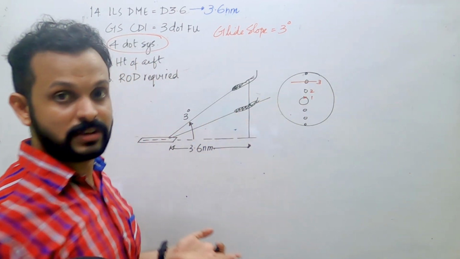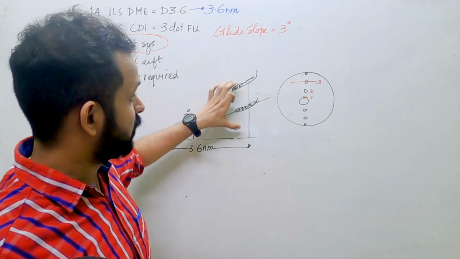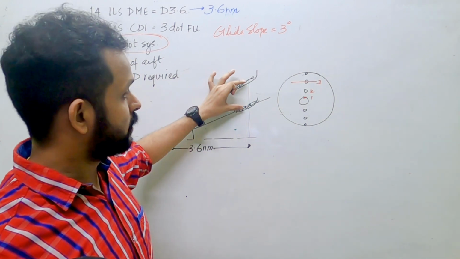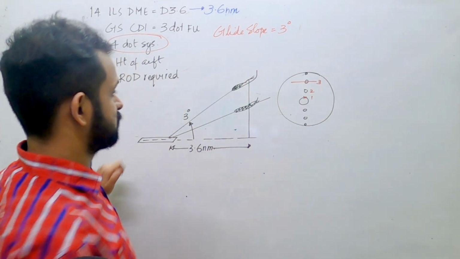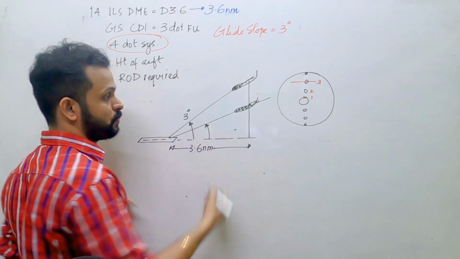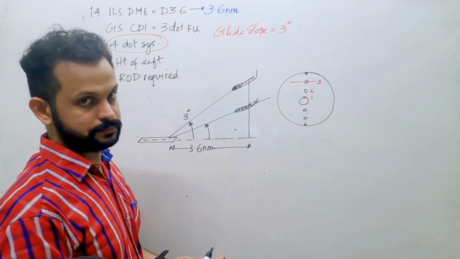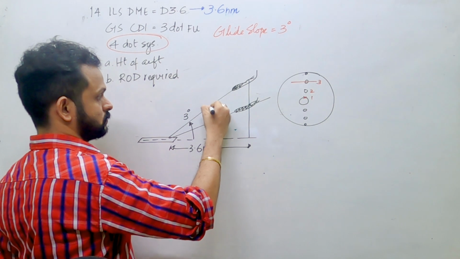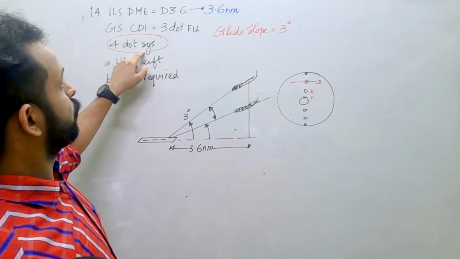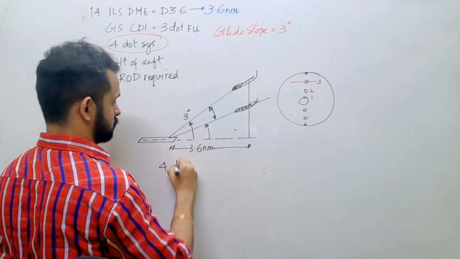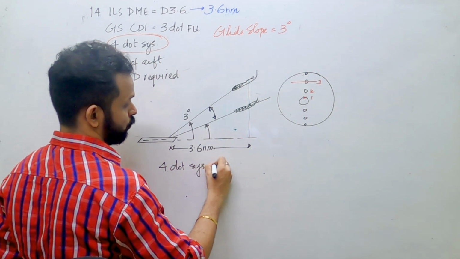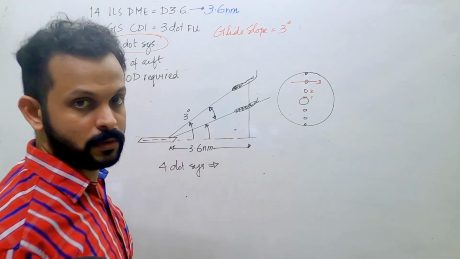So what glide slope are you on now? You can find that the way we did the previous question. You can find out the total height and then take this out, or if you want you can take this height. So what is the glide slope here? It's 3 minus 0.51, that is 2.49 degrees. On a 4 dot system, what is the per dot value?